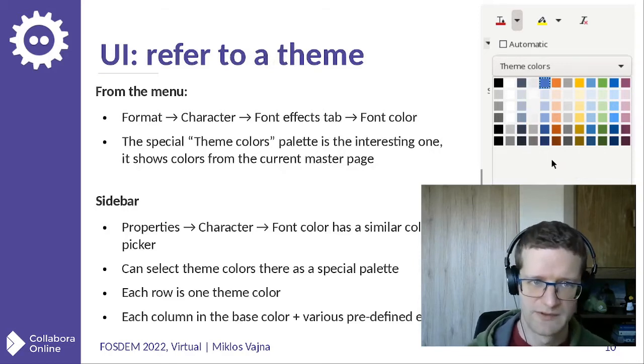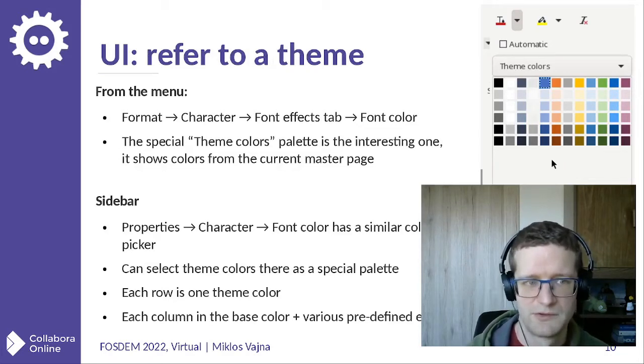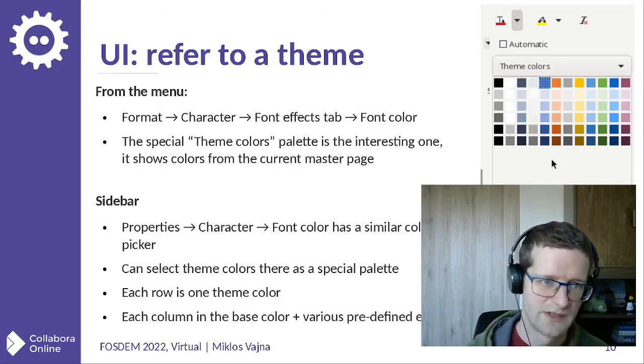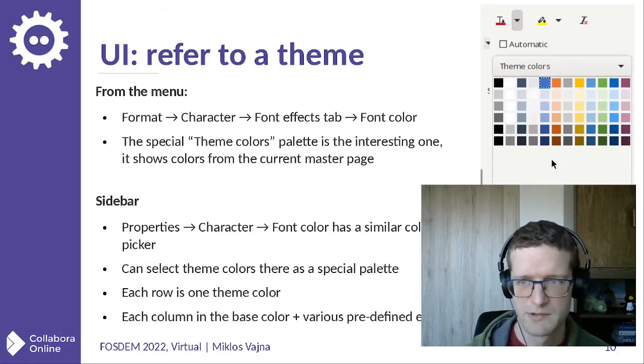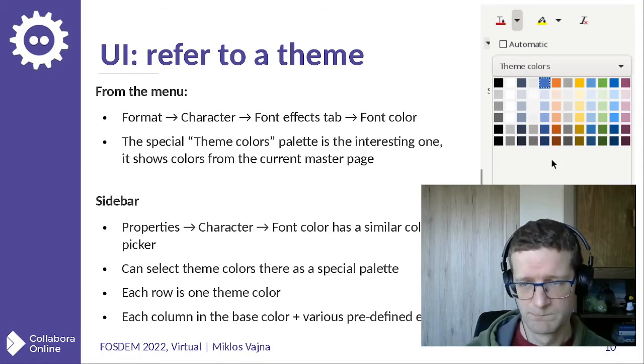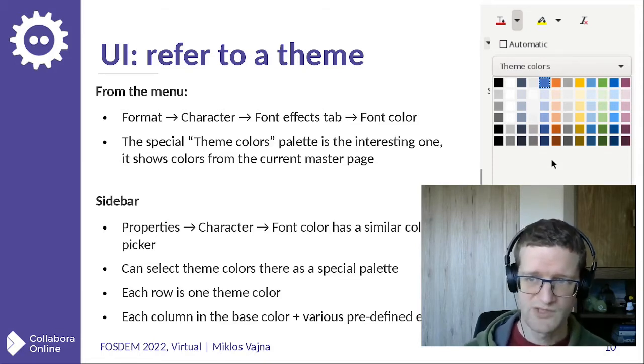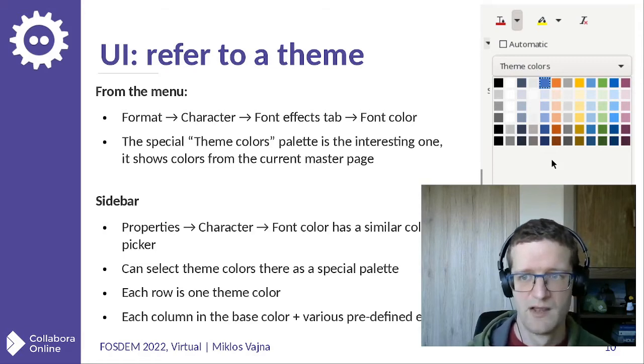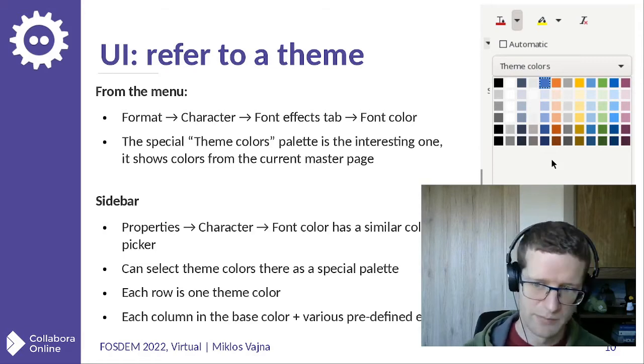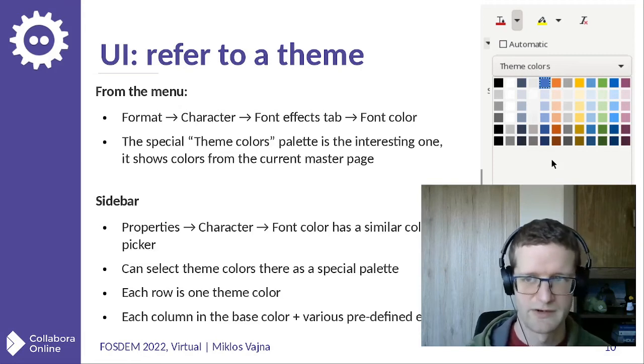Then you might want to refer to a theme. When you do that, you can do it either from the menu bar or from the sidebar. What's visible here in the screenshot is the sidebar case. So you go to the sidebar to change the character color, and then this color picker pop-up appears, and you have the choice of various palettes there.